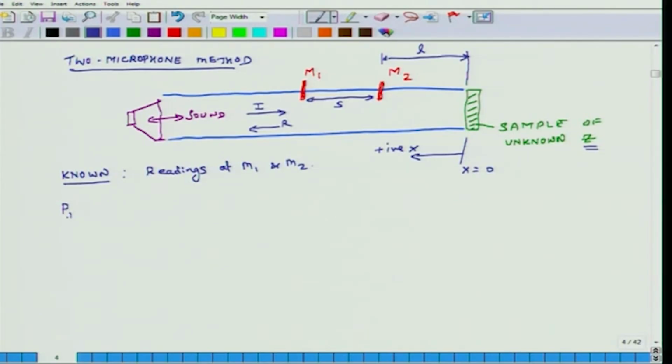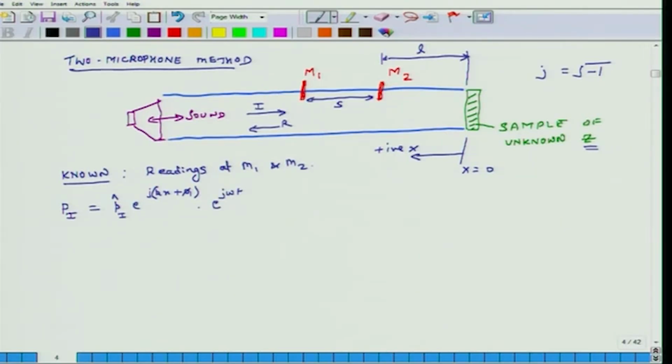Now, if we go back to our transmission line equations, then Pi, which is complex pressure in the incident direction, is Pi hat e to the power of j, where j is the square root of -1, times (kx plus phi1), times e to the power of j omega t.